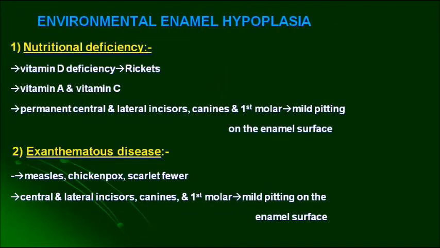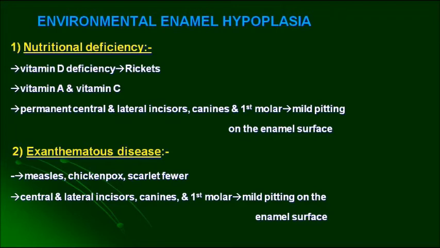Okay. Now let's learn about environmental enamel hypoplasia. Here in this particular case, enamel hypoplasia is because of the influence of the environment, the surroundings. The first one is defect in nutrition. So nutritional deficiency can be vitamin D deficiency, or it can be vitamin A and C deficiency also. Secondly, it can be due to some diseases also.